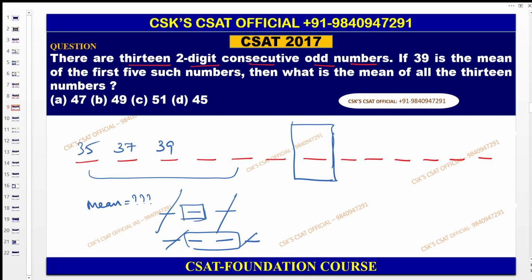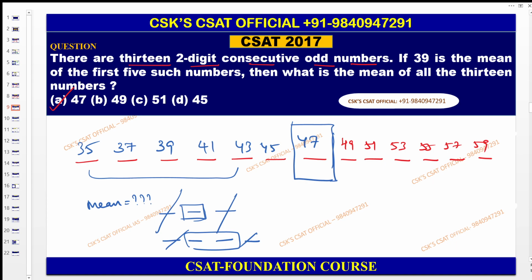Then what would be this one? 41, 43, 45, 47. What we need to find out? Whatever is encircled here, that only you need to find out. The 13th, that mean is nothing but 47. Don't worry about these things: 49, 51, 53, 55, 57, 59. These are all not needed. So 13 means 6 on the left side you eliminate, 6 on the right you eliminate. Simply you can find it.